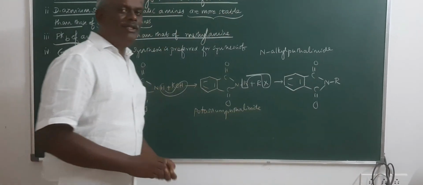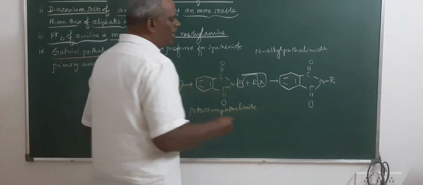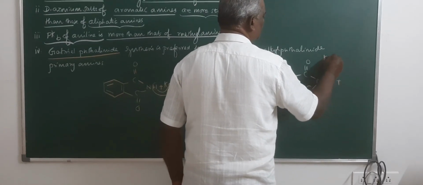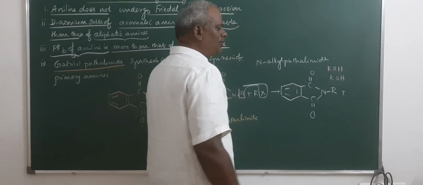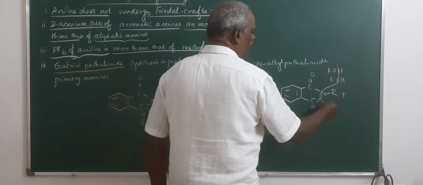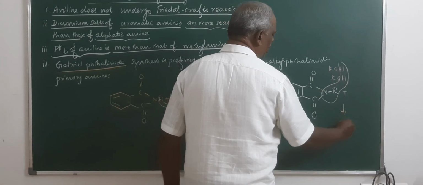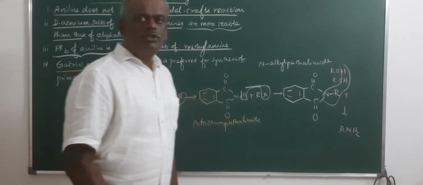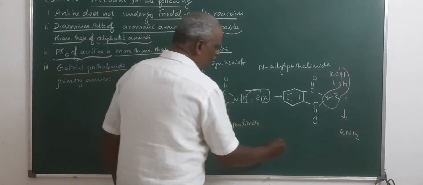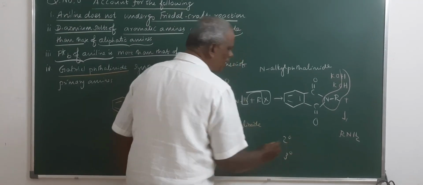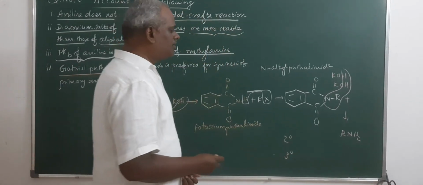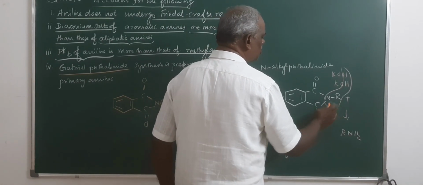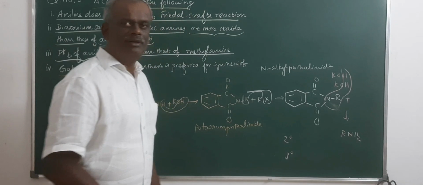This N-alkyl phthalimide on subsequent treatment with the KOH, two molecules, potassium hydroxide. Then what happens? This part is removed as a primary amine and we are expecting RNH2. Suppose if you want to get the secondary amine and tertiary amine, we are expecting two alkyl groups here, but it is impossible to have two alkyl groups there.